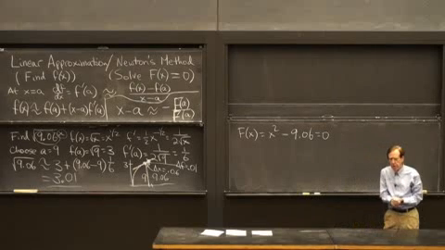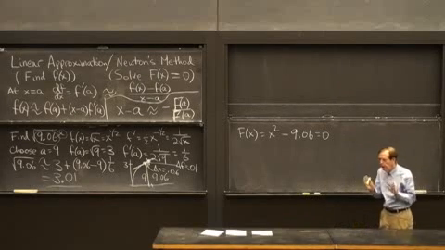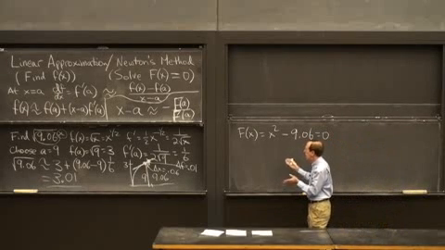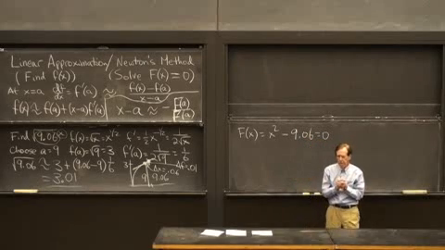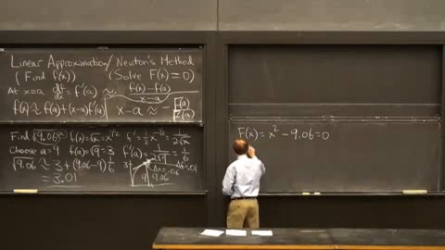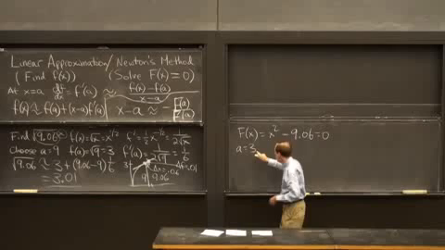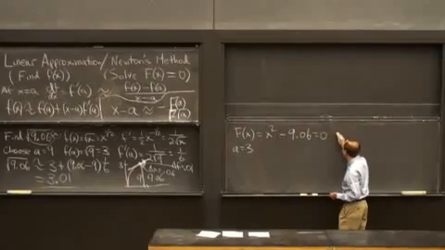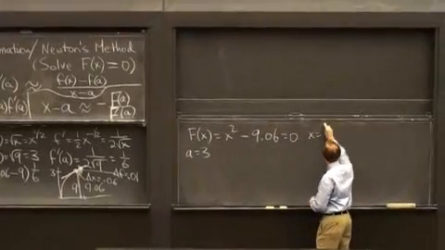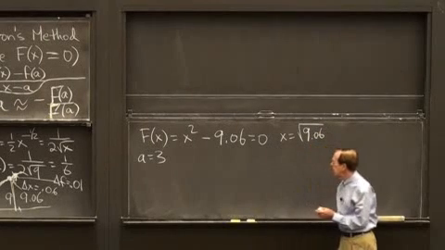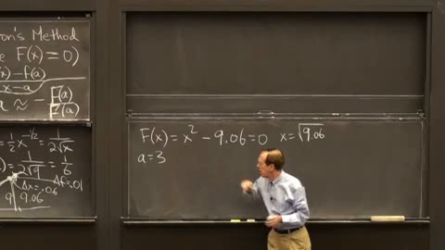Again, I pick a point a close to the solution, and I'm going to take a to be 3. So 3 is close to the correct solution. The correct x is the square root of 9.06, but I'm starting close to it.